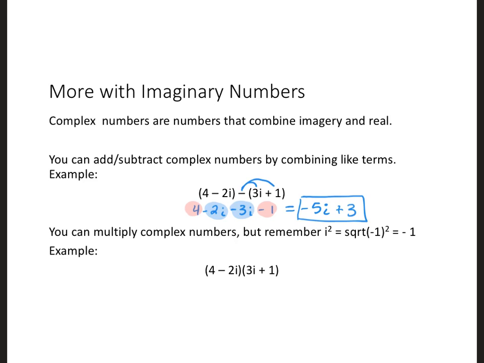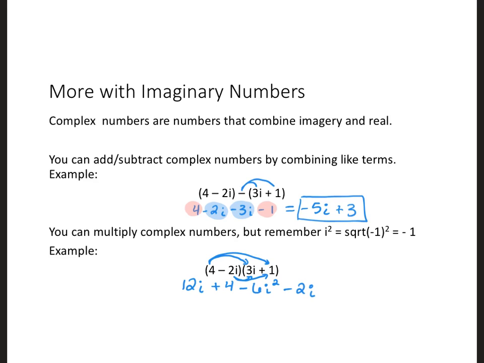So to multiply, I'm going to distribute. 4 times 3i is 12i. 4 times 1 is 4. Negative 2i times 3i is going to be a negative 6i squared. And then negative 2i times 1 is negative 2i.